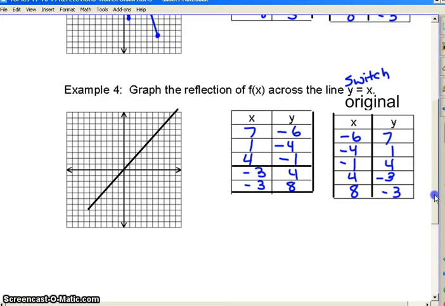Okay, I have the line y equals x graphed here. That is your parent function. Okay, I'm going to graph the new points.